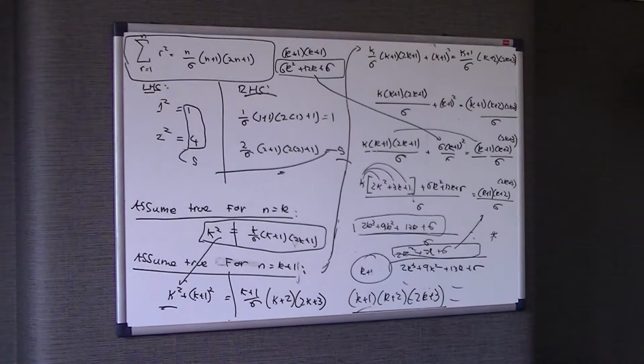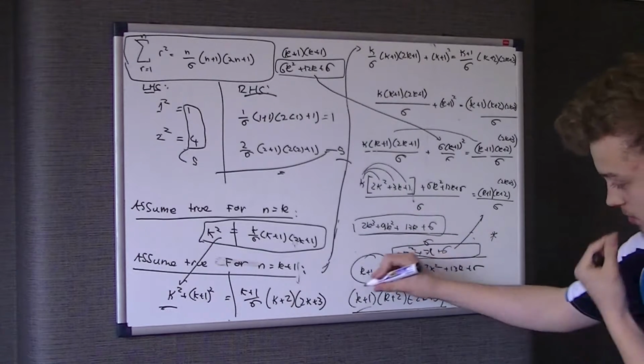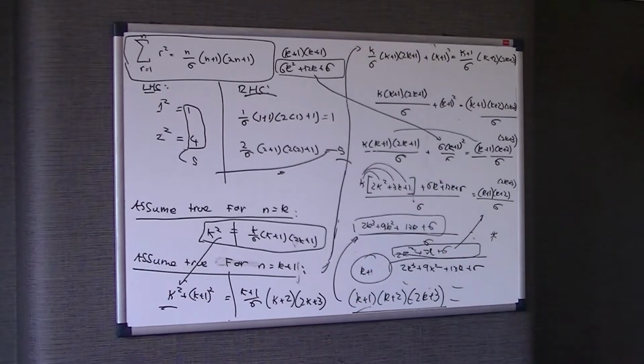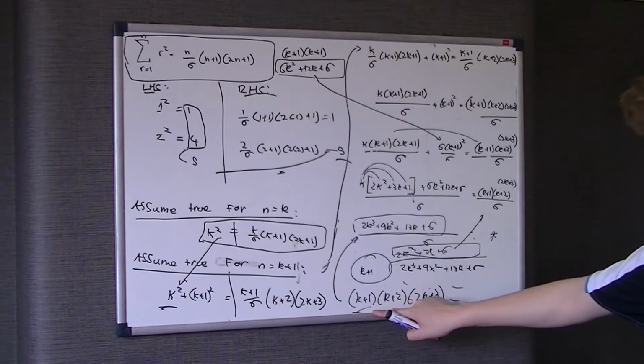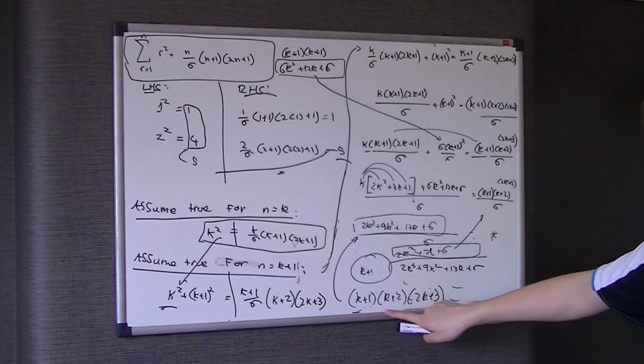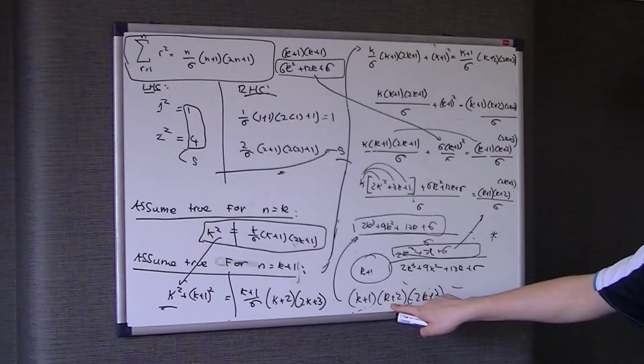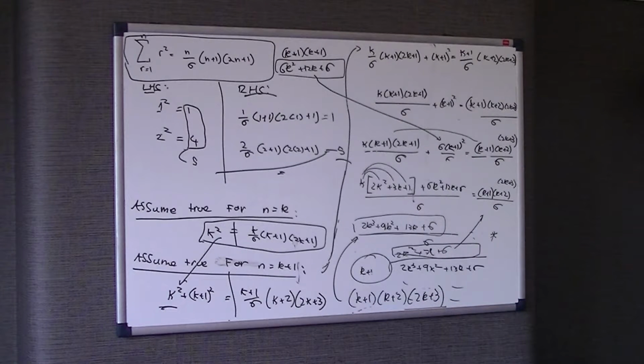Okay, so we know they are factors of this, so you can just input those factors into there, and we said that n is equal to k plus 1, so obviously you could sub it in for your n, so it'd be n plus 1, and then you could rearrange that as needed.